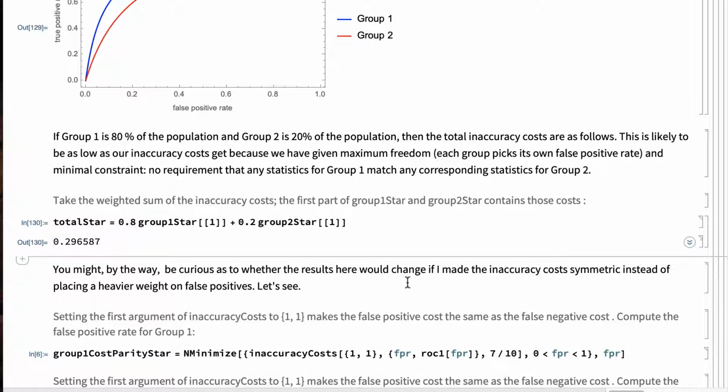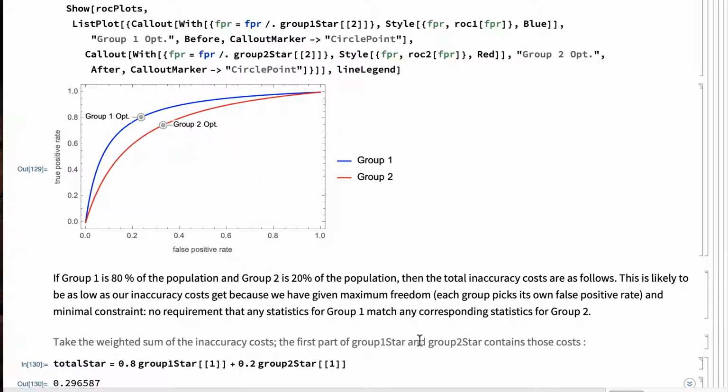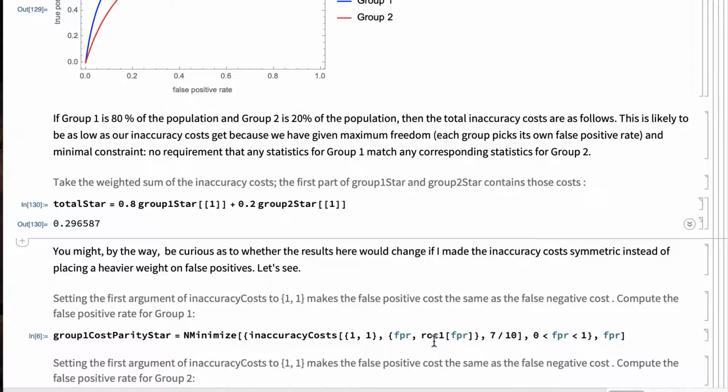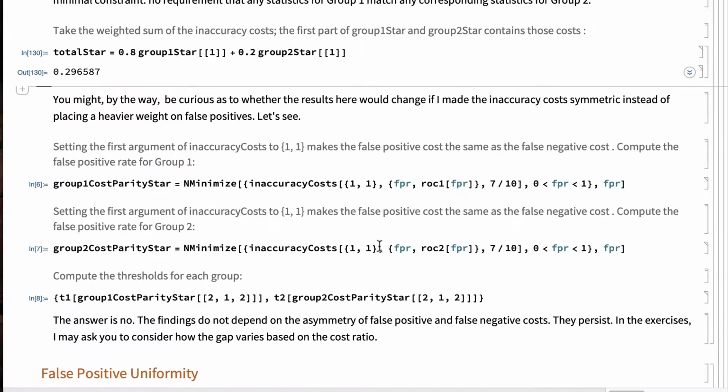So just hold that thought. You also might be wondering, gee, this seems like a kind of strange result. I wonder if it's an artifact of his decision to use asymmetric cost ratios, where it's 2 for false positives and 1 for false negatives. Let's just run the same experiment. Everything's the same, except that now the false positive cost is 1 and the false negative cost is 1.